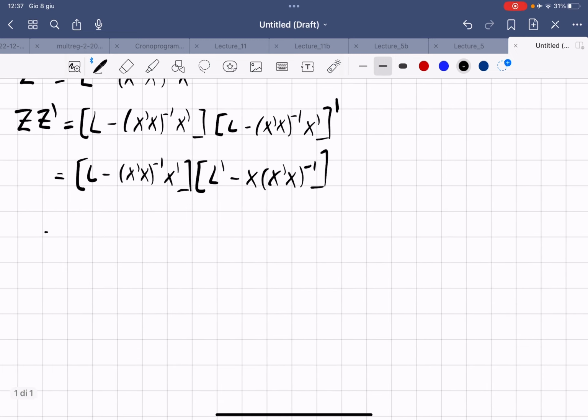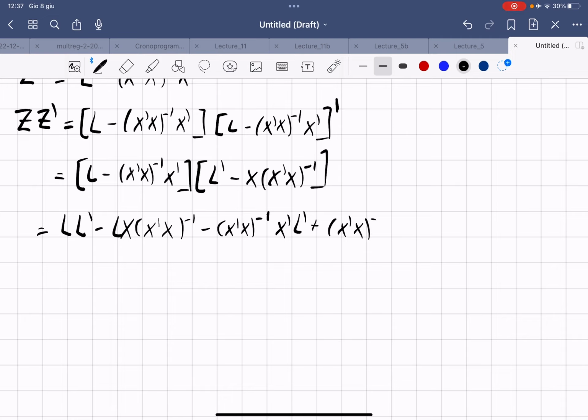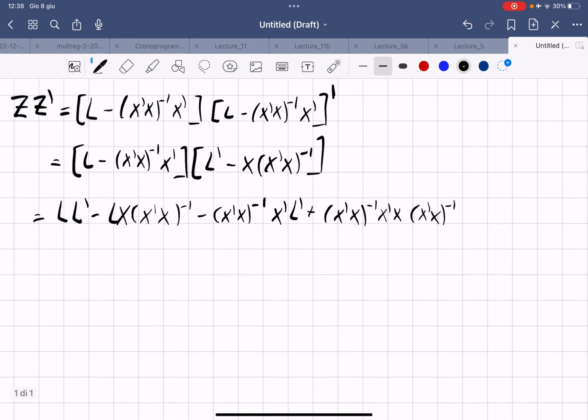Then we take the product, that will be L L transpose minus L X transpose X inverse minus X transpose X inverse X transpose L transpose plus X transpose X inverse X transpose X X transpose X inverse.